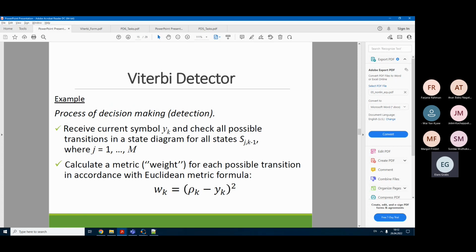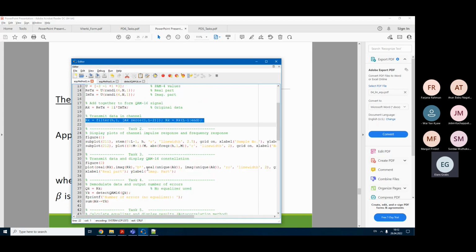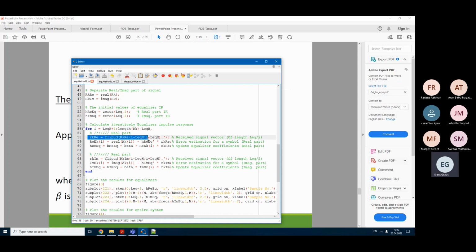We need to observe the sequence of the symbols we have received, in exactly the same way, by the way, as it was working here in this iterative algorithm, when we needed this sliding window to accumulate 15 or 31 or 45 received symbols, and only then we were able to make some update to our equalizer coefficients, or update to our autocorrelation matrix. So we needed to accumulate some symbols before we could go further.